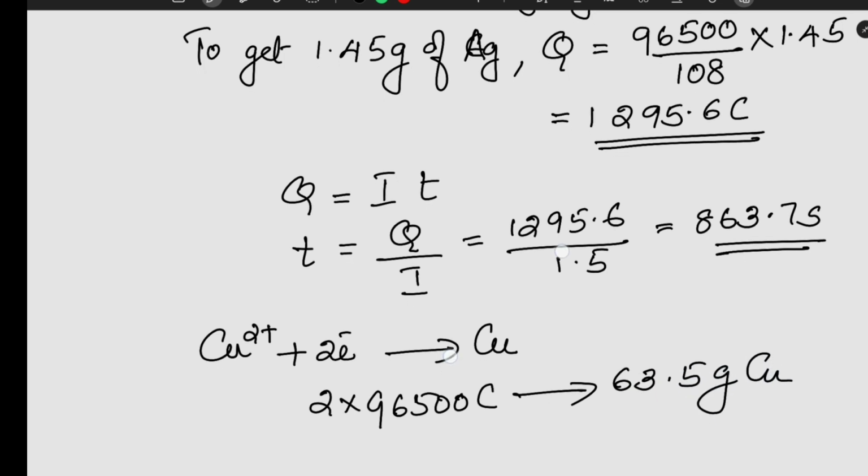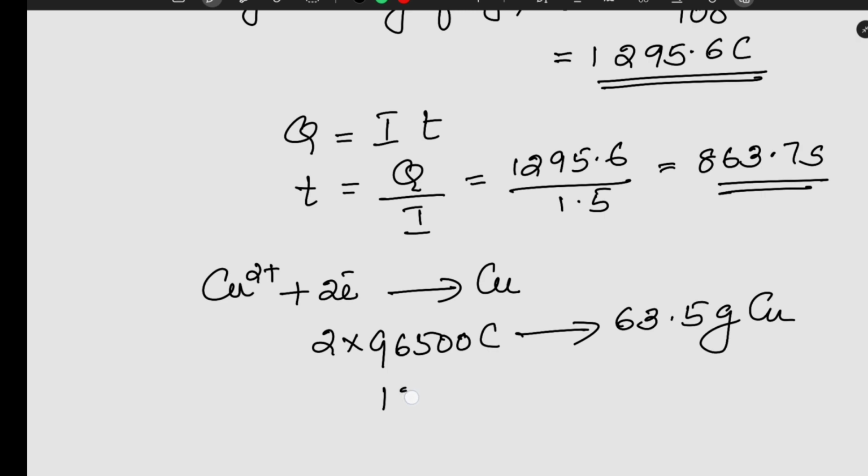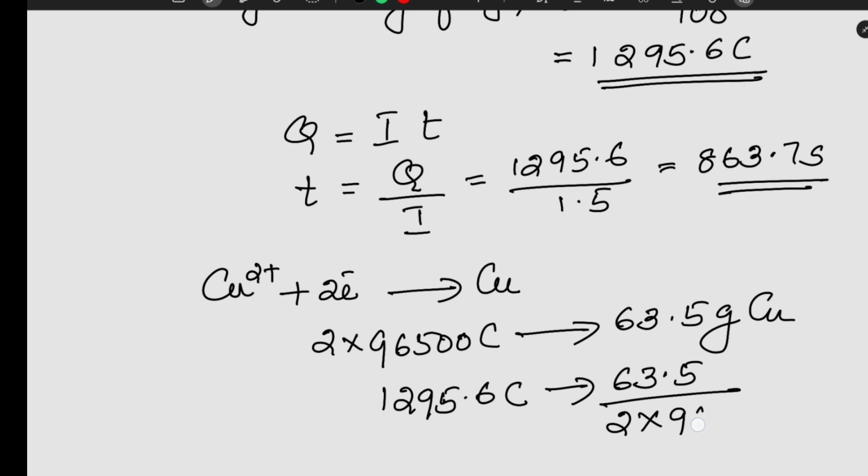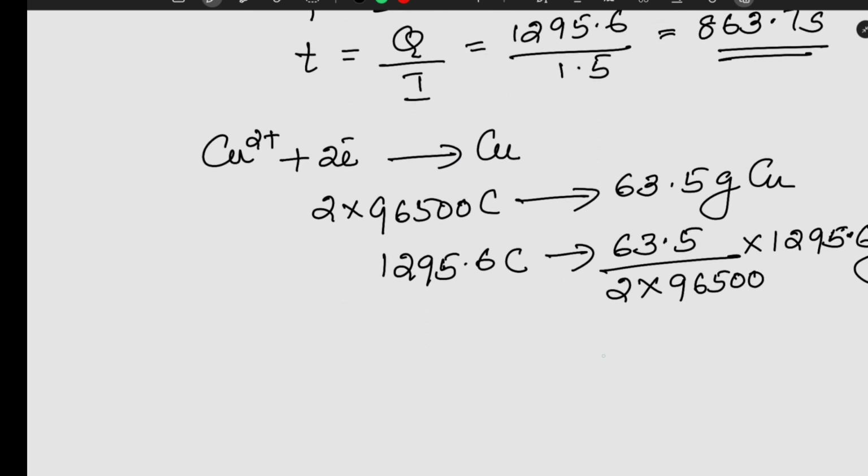So by using 1295.6 coulomb, we will get 63.5 divided by 2 into 96,500 for 1 coulomb. Then for 1295.6 coulomb, we will get this much gram of copper. So when we simplify, we will get 0.426 gram.